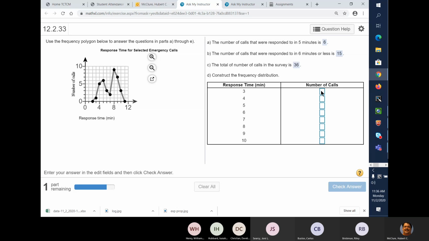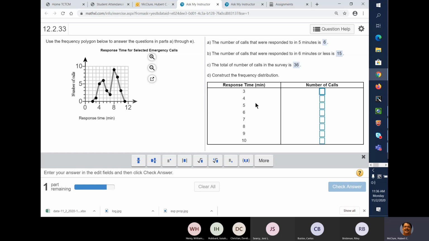How many had response times of 3 minutes? 3 minutes, there was 2.